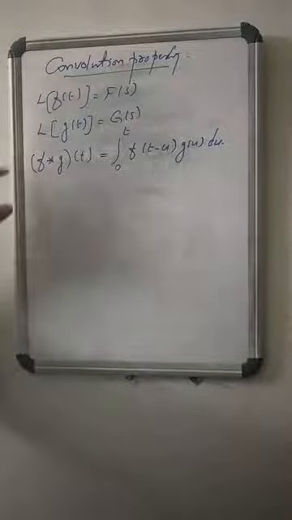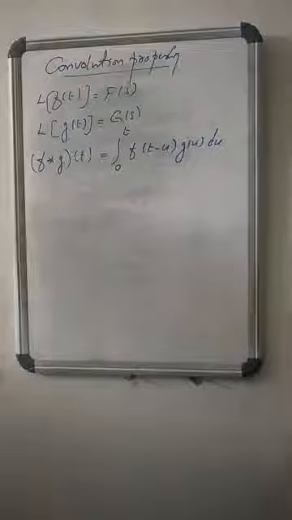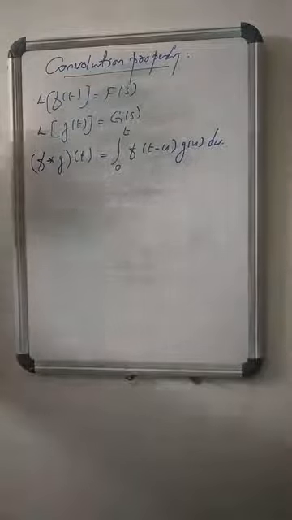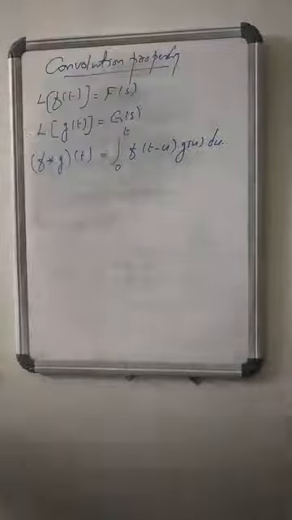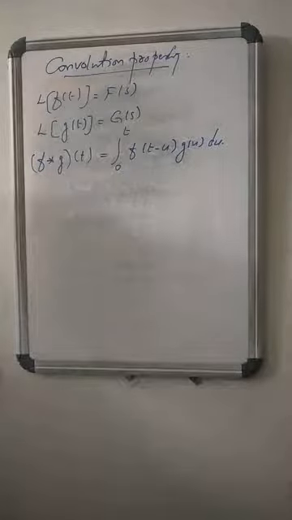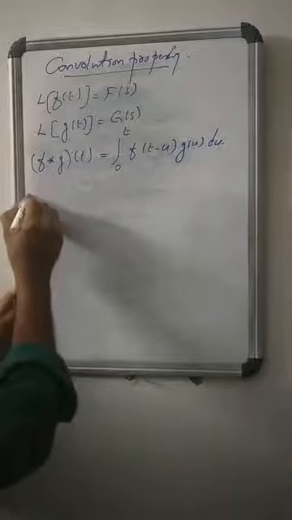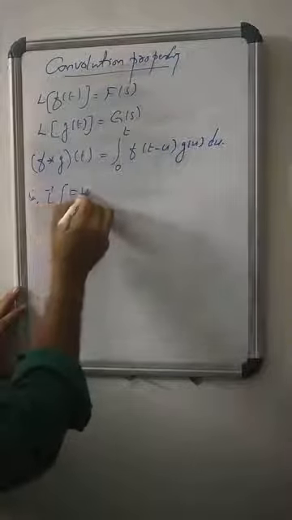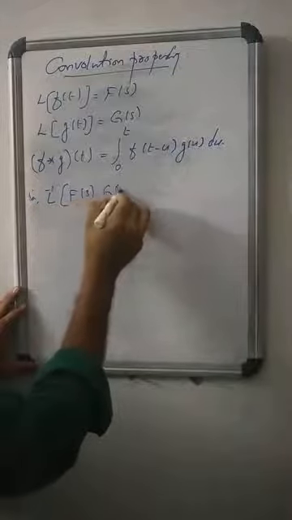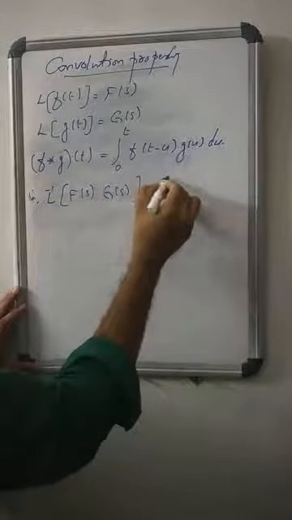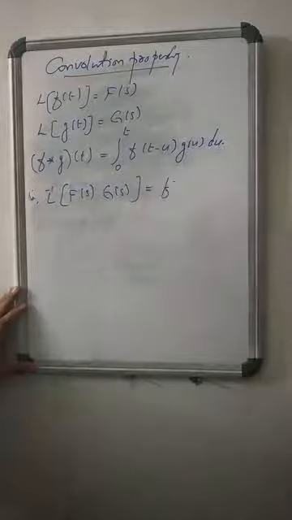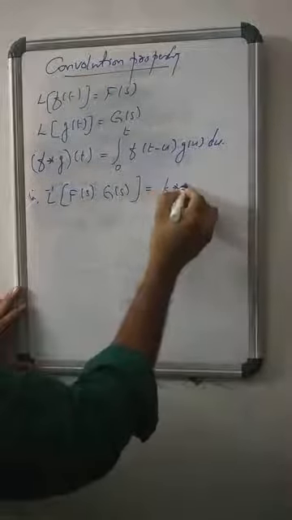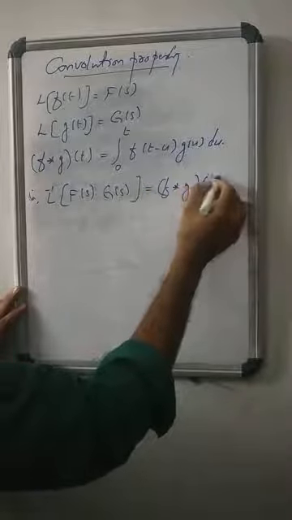It means the convolution of f and g is nothing but the inverse Laplace transform of the product F of s and G of s. That is, L inverse of F of s into G of s equals integral 0 to t f of t minus u g of u du, that is f star g of t.